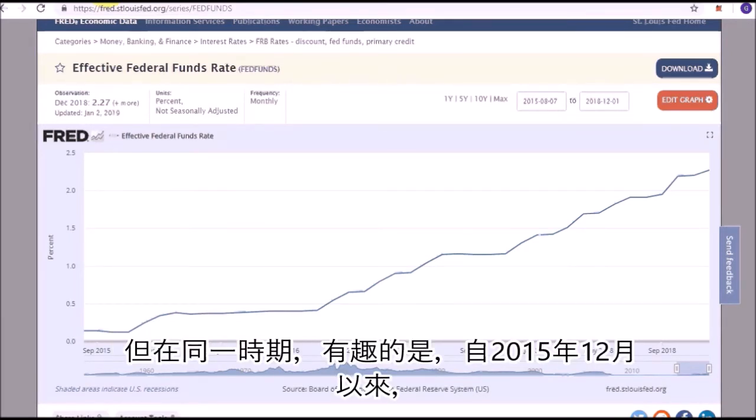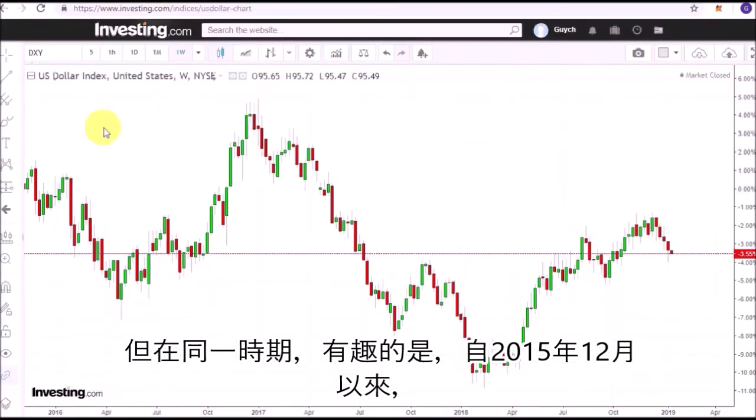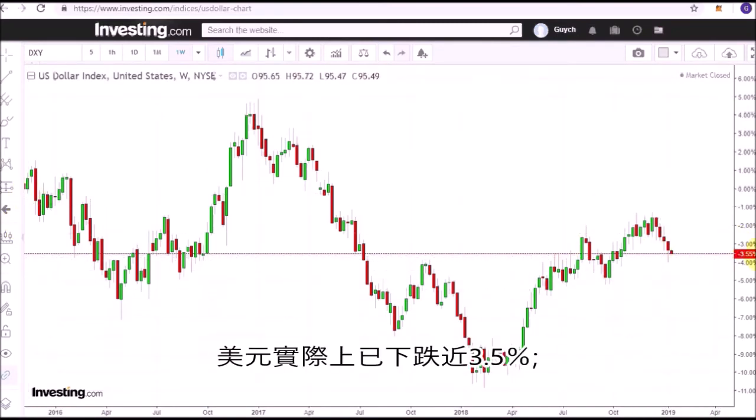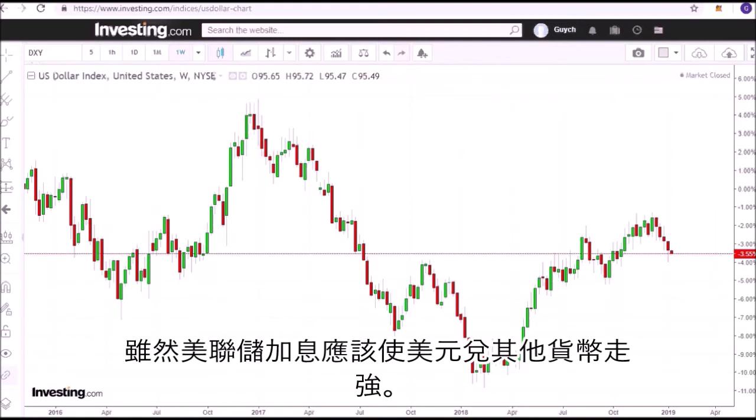And what happened to the US dollar in the same period is, funny enough, since December 2015, this is a weekly chart of DXY, the dollar has actually lost nearly 3.5%. Although a Fed rate hike should have made the dollar relatively stronger compared to other currencies.